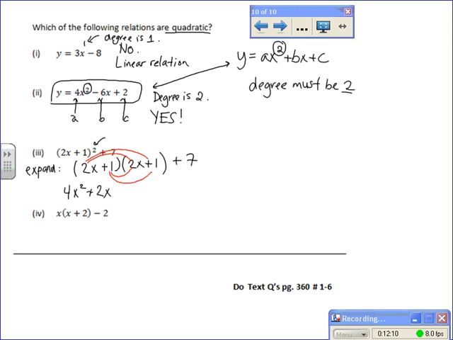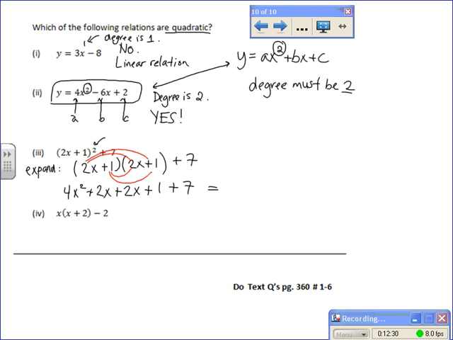Now I'm going to multiply my inside numbers. 1 times 2x is going to give me another 2x, and 1 times 1 is just going to give me 1. So I've expanded, in other words, I've multiplied those 2 binomials together, and now I have that plus 7 that I have to add on to the end.